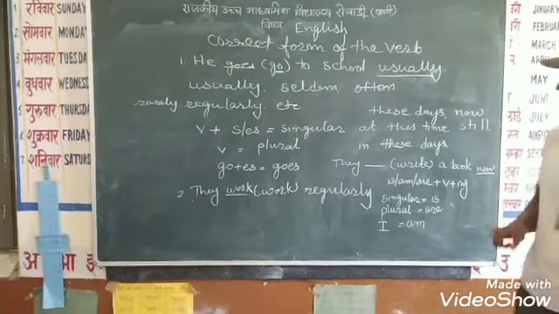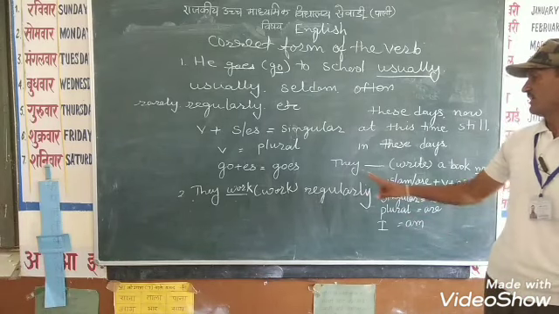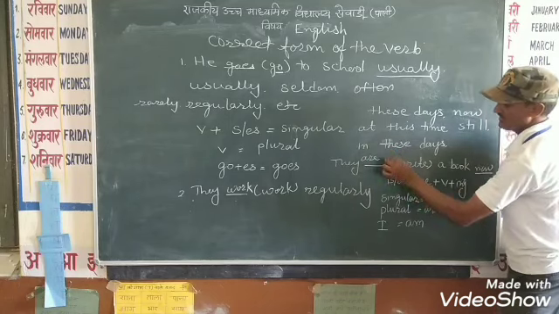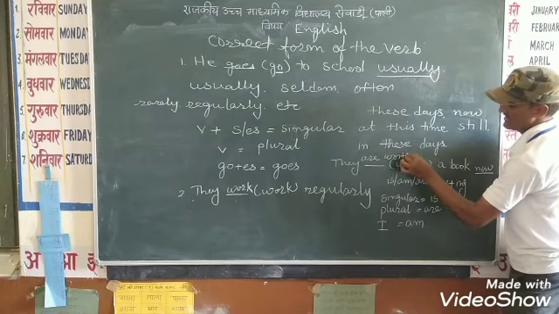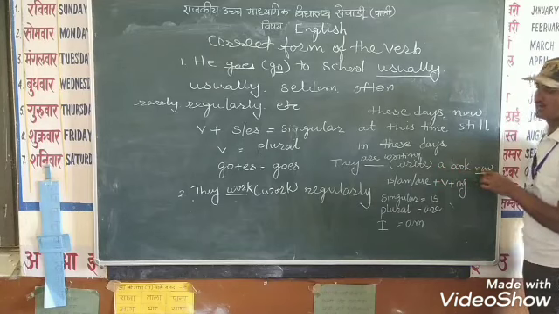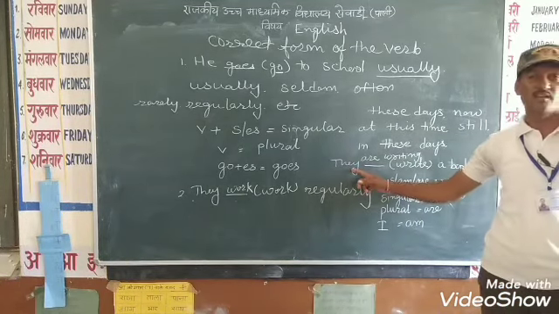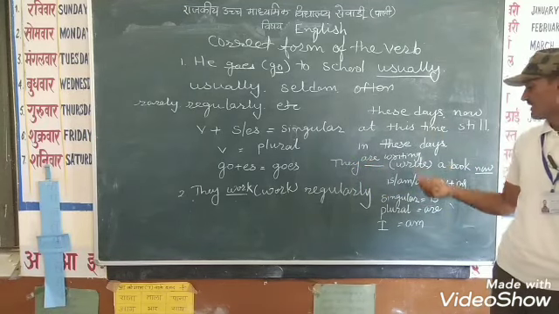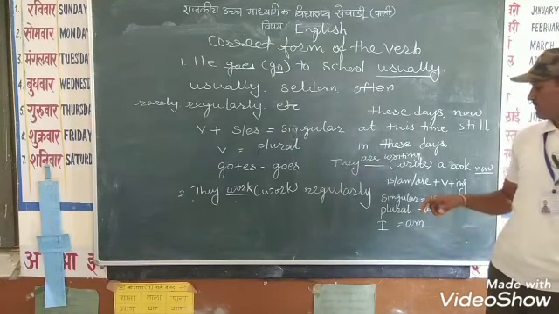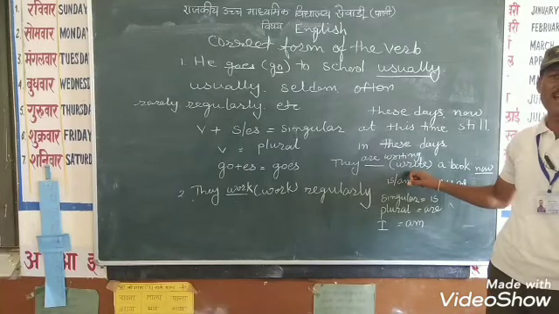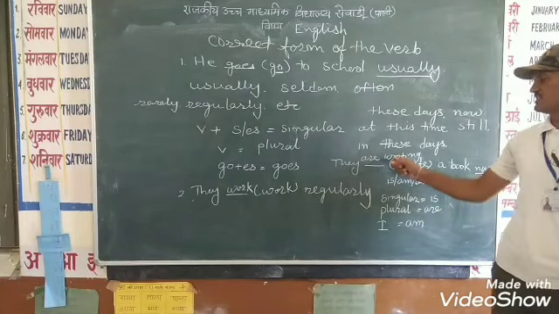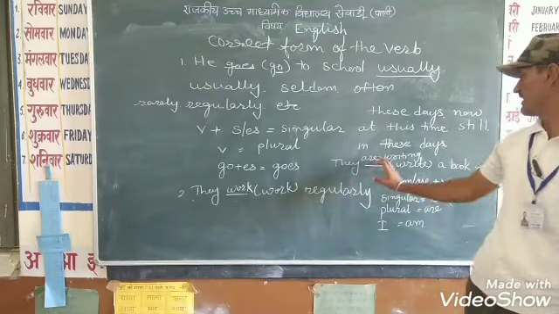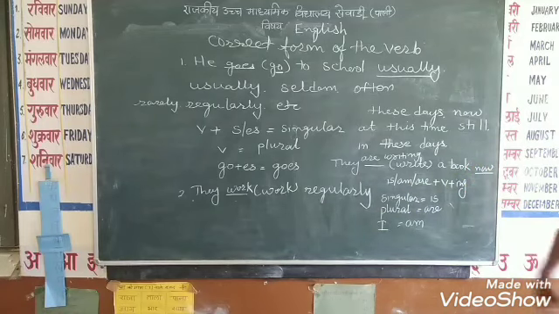Then our answer will be they are writing a book now. They is a plural subject, so we use are plus verb write plus ing, writing. Then our answer will be they are writing a book now.